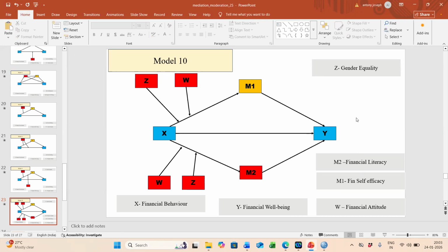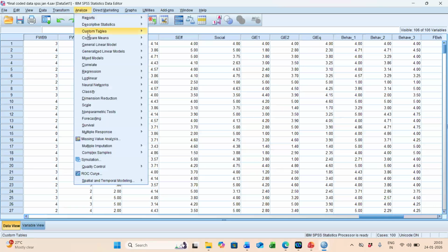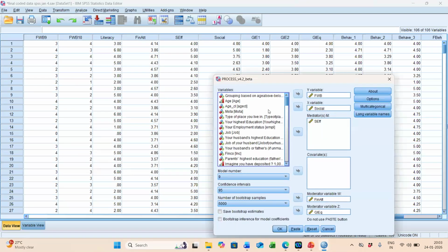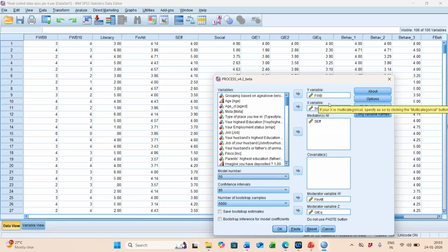Go to Analyze, Regression, Process. We are dealing with model number 10. Financial well-being is the Y variable.